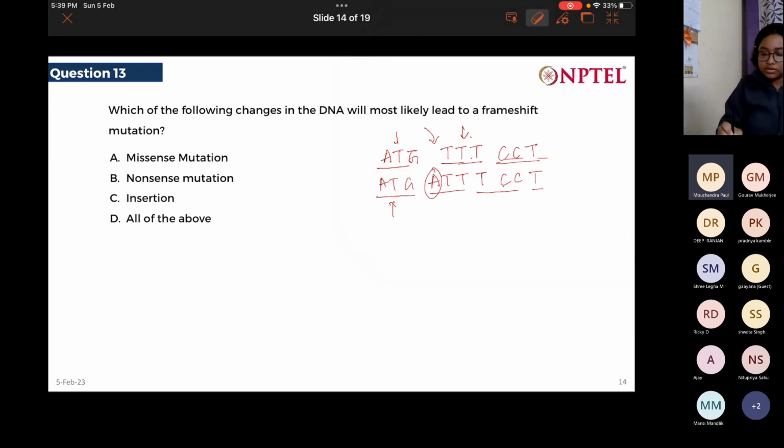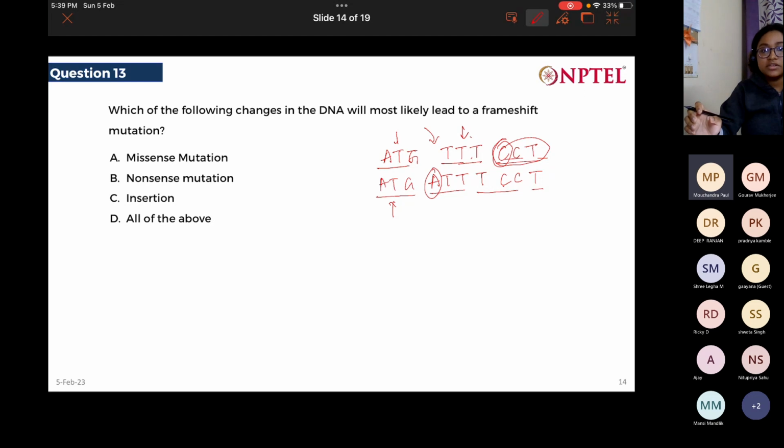Now the base pair changes such that this particular codon is converted into one of the stop codons. Then a nonsense mutation has happened, and it will lead to a smaller polypeptide chain. So here frame shift is not happening.